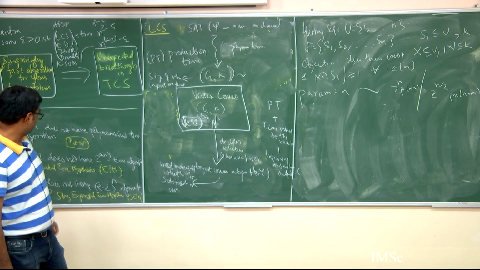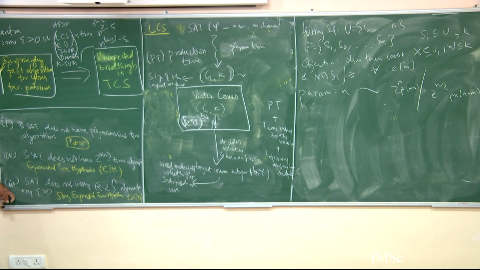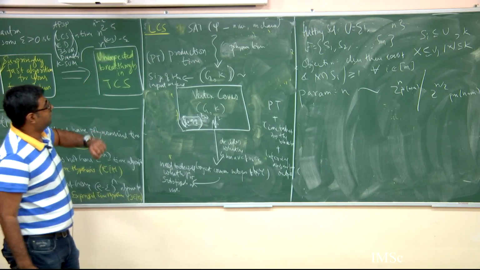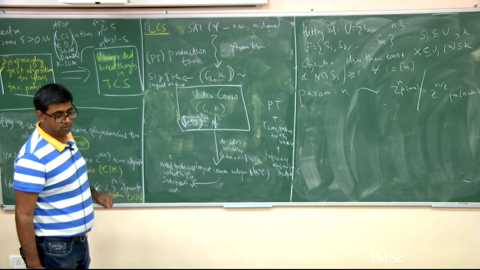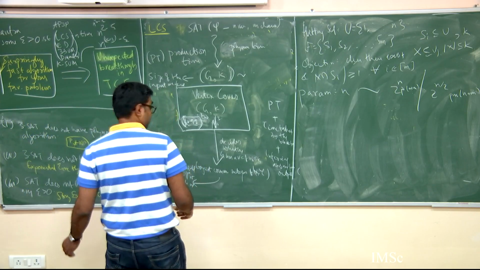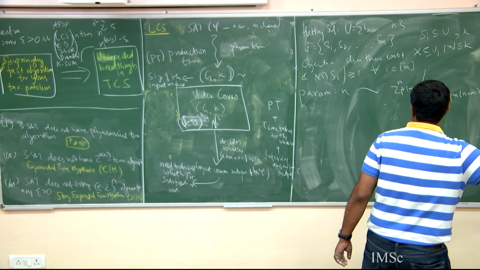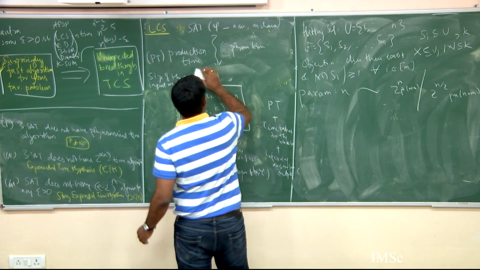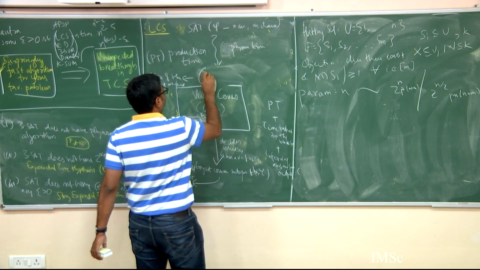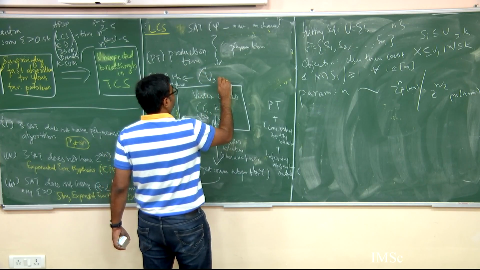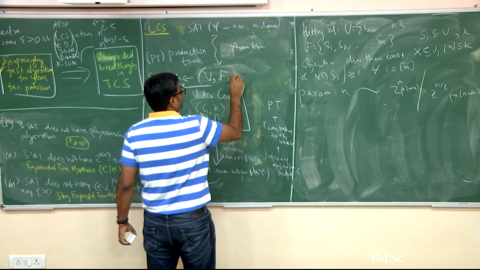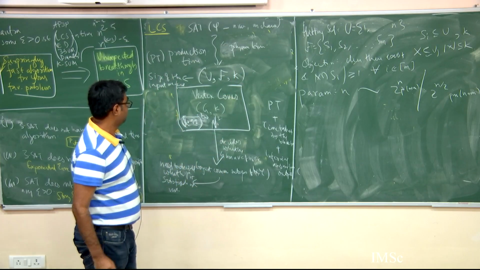Okay. How do we show this? So I want to show this under SETH. Starting with SAT, I have to give an instance. Let's see what instance I need to create. I need to create a universe, a family, and a number k, right?